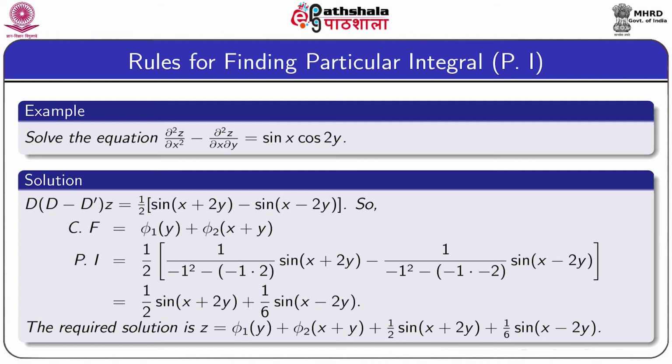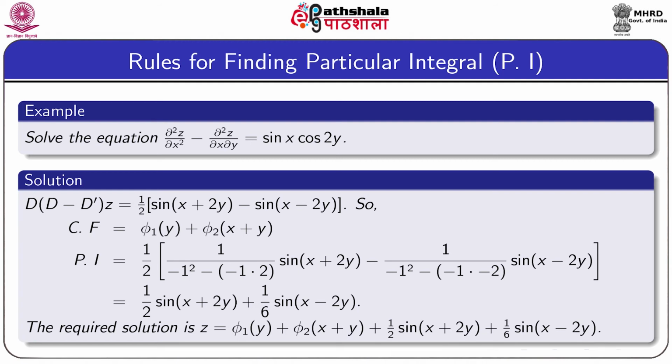The right hand side is sin x into cos 2y. To apply the previous rule, we need to write this function in this form: sine of (x + 2y) minus sine of (x minus 2y). The complementary function is very easy to find. So, the complementary function becomes phi 1 (y plus x) plus phi 2 (x plus y), and the particular integral is half of 1 by operating on D square minus DD dash on sine(x + 2y).